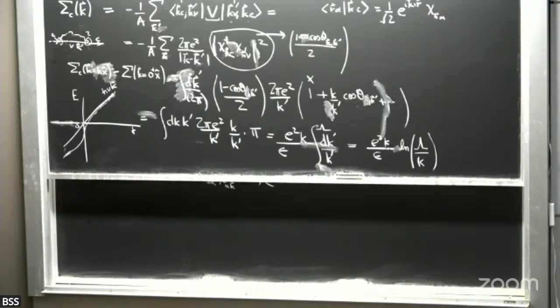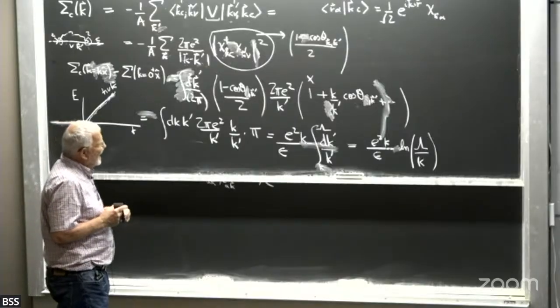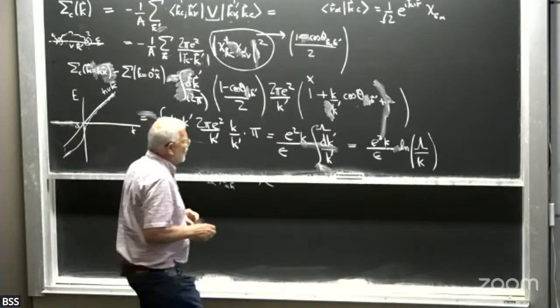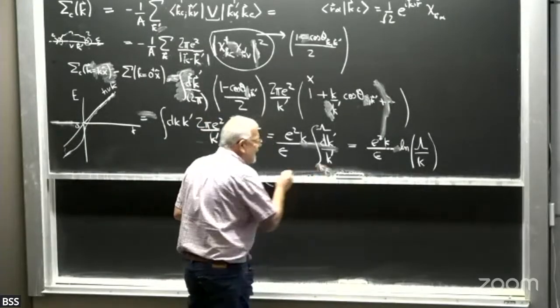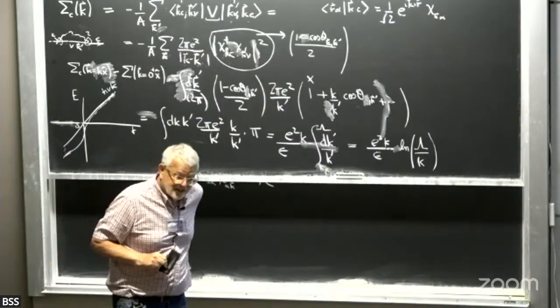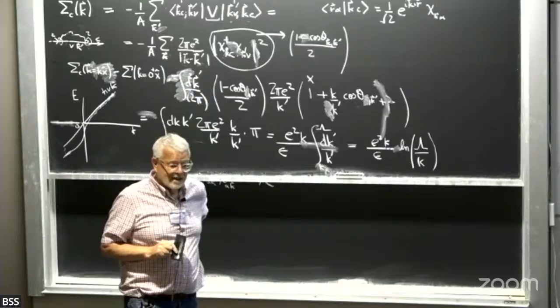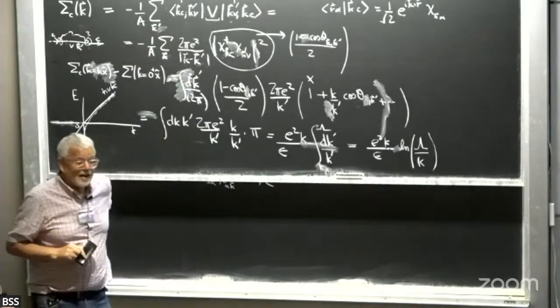Go ahead. Let's say I do this, for example, for a valence band that's not completely filled. So I'm only summing over occupied states. That can give me a cutoff.